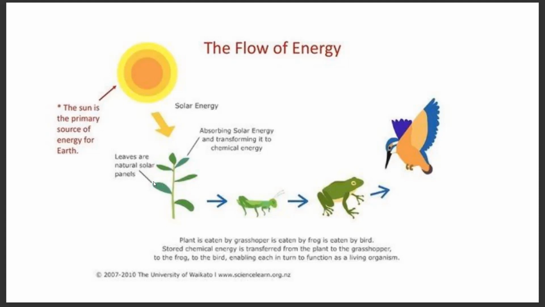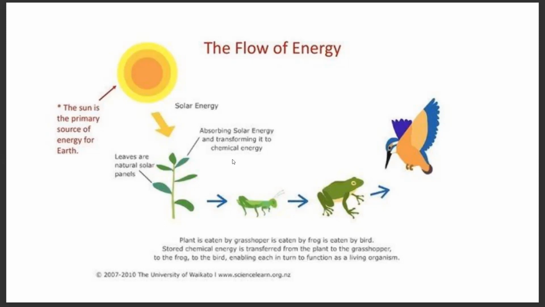Here, this plant absorbs solar energy, converts it into chemical energy and stores it in the plant body. And when the grasshopper feeds on the plant, it obtains energy from the plant, right? When the frog eats this grasshopper, then it obtains energy, right?